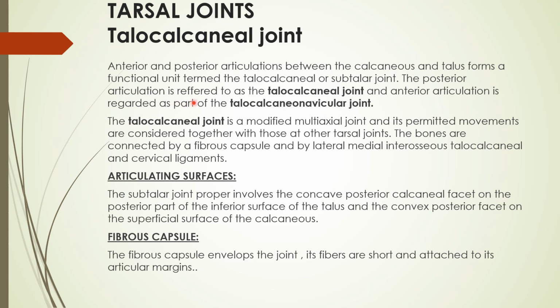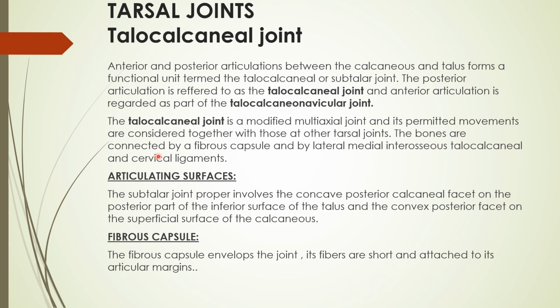The posterior articulation is referred to as the talocalcaneal joint, and the anterior articulation is regarded as part of the talocalcaneonavicular joint. The talocalcaneal or subtalar joint is a modified multi-axial joint. Its permitted movements are considered together with those at other tarsal joints.